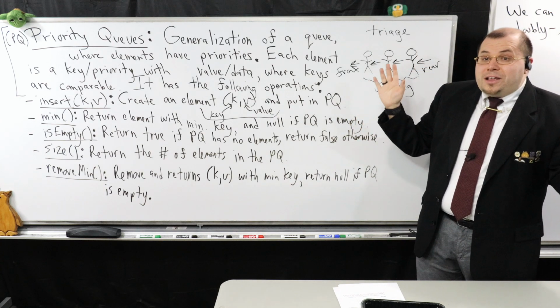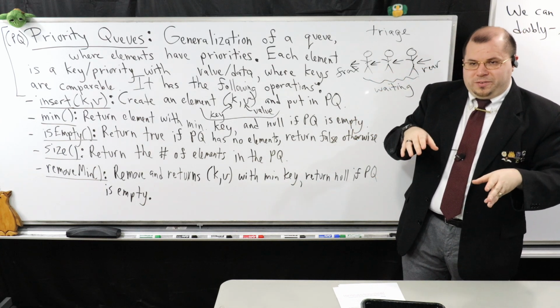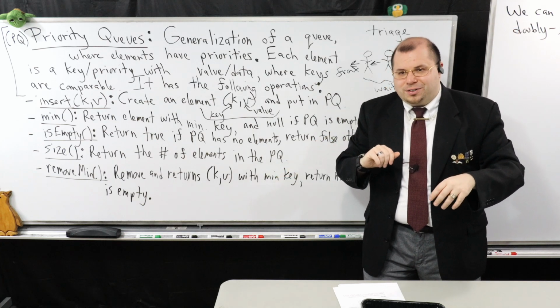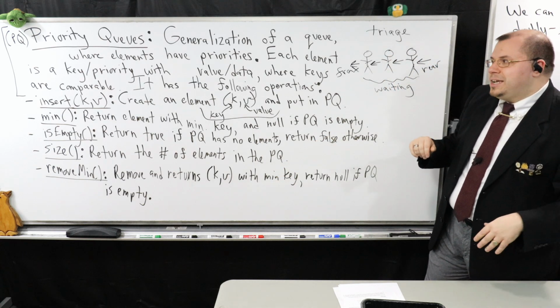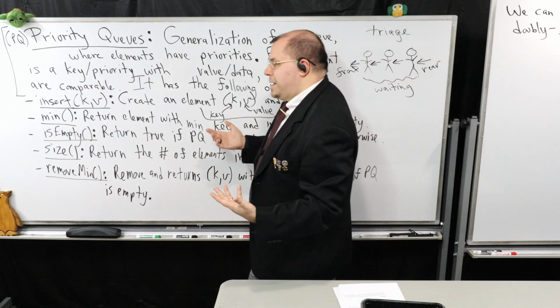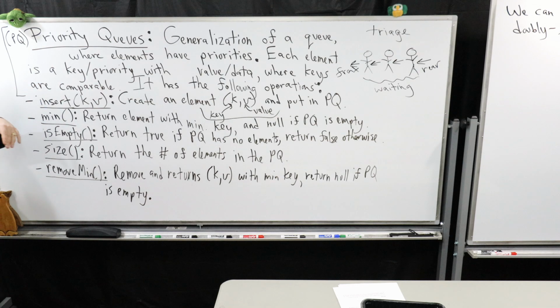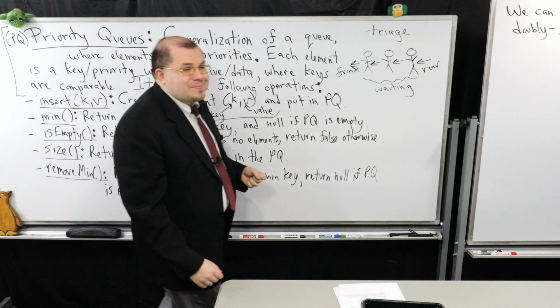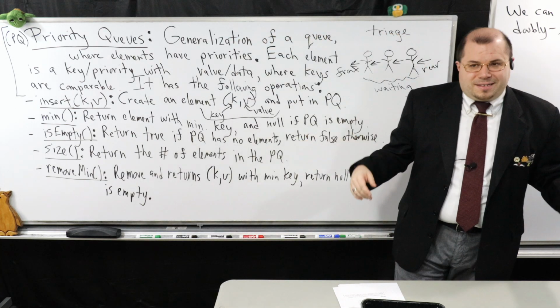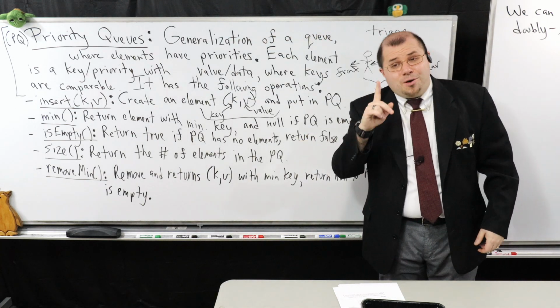But yeah, there are ways you can enforce this kind of behavior, if you want the earliest one to come out first, or the later one to come out first. In our description of a priority queue, it doesn't matter. Whichever one has the so-called minimal key, that's the one you take out. So there can be many with the same priority, but as long as you take out one, that's okay.